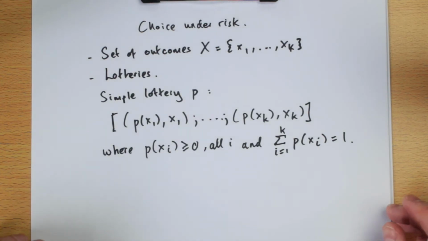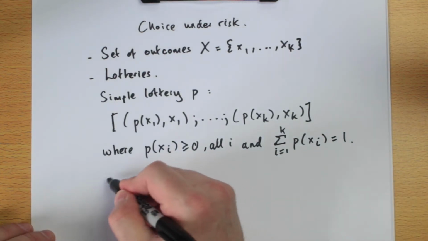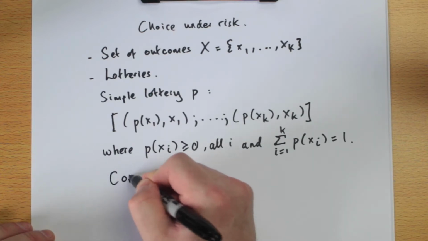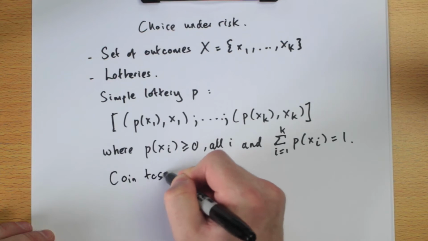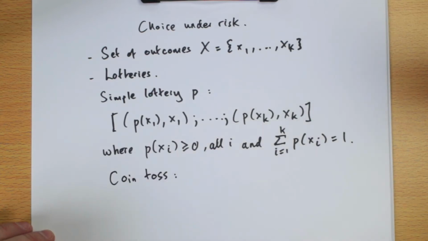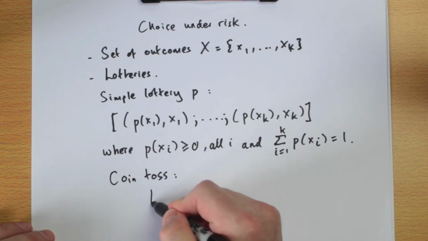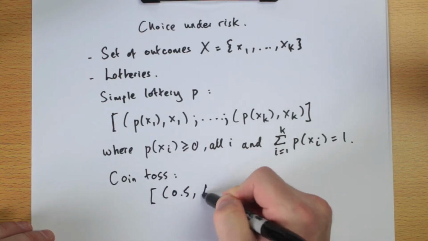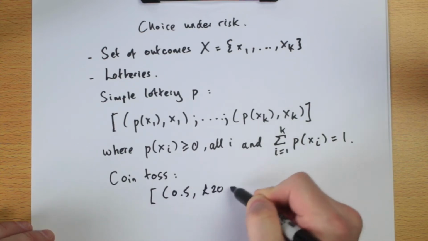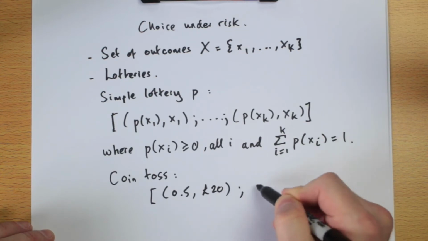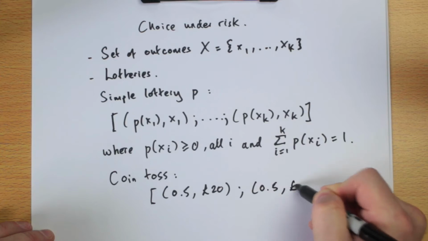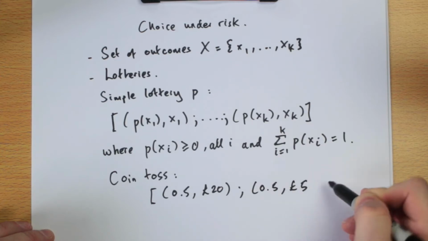So this is a simple lottery. For example, let's think of a coin toss, which I could write like this. With probability 0.5, you receive the outcome £20, and with probability 0.5, you receive the outcome £5.